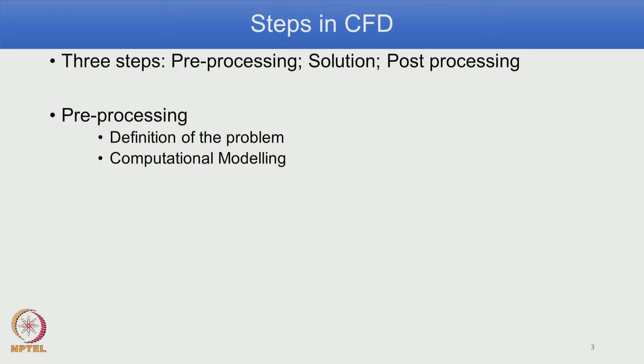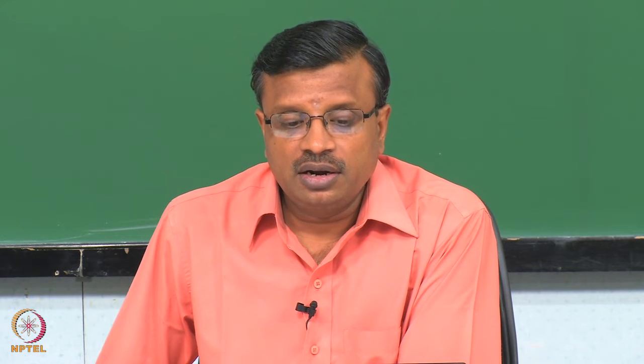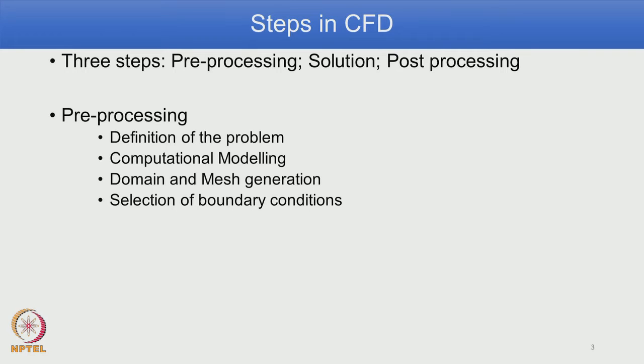We can simplify the physical problem and do a modeling, then decide the domain, how much it should go in x direction, how far you should take in other directions, then decide the type of mesh, and the choice of boundary condition depending on the problem.